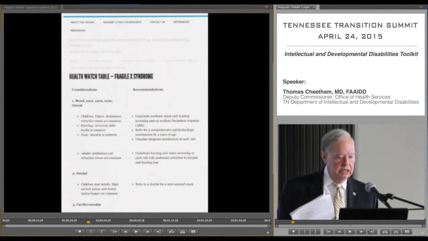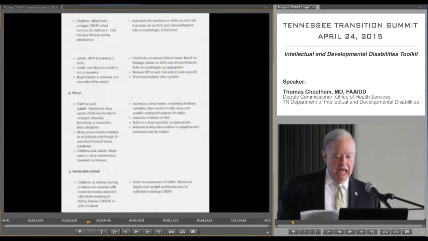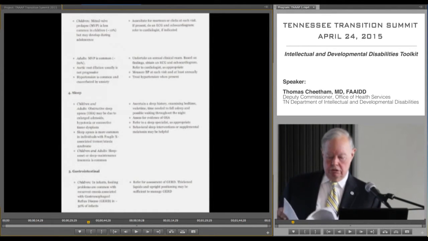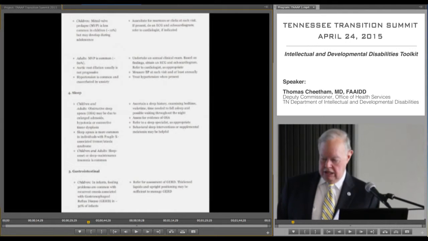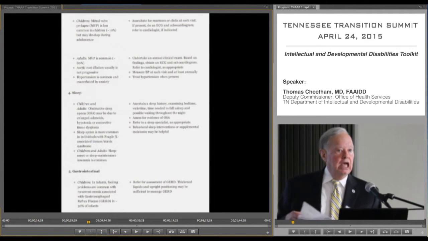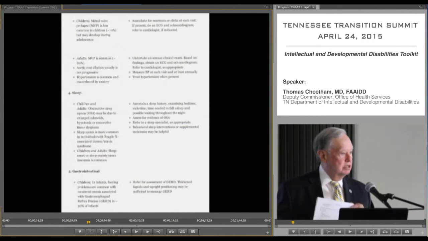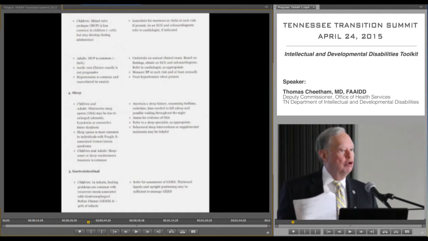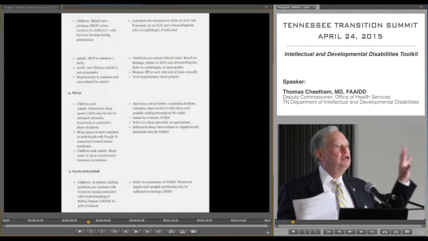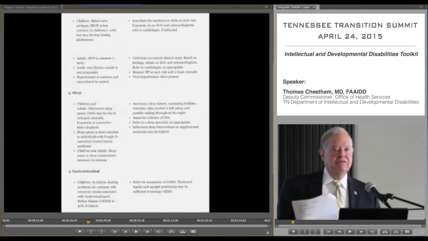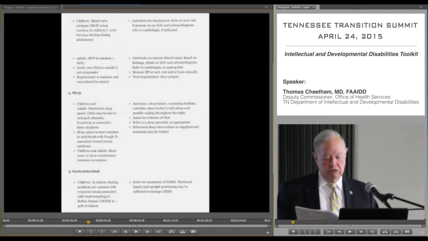And so she developed these health watch tables, which have evolved over time into the health watch tables that are part of the tools. And so it goes through, and this one starts on page 19. So it goes through body systems for things to look for beyond the usual preventive care that you would do for anyone. These are more specific to that syndrome.